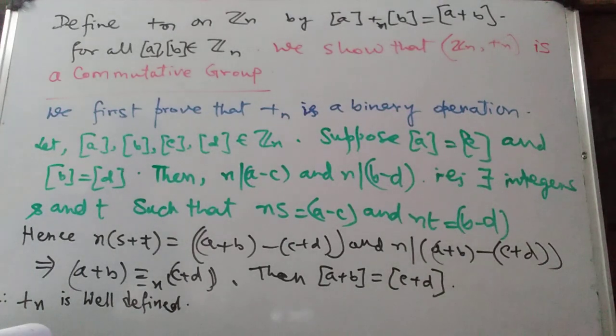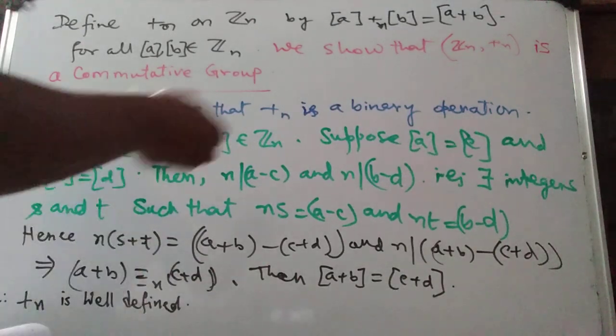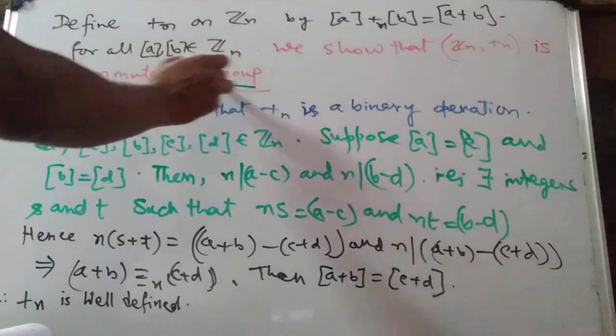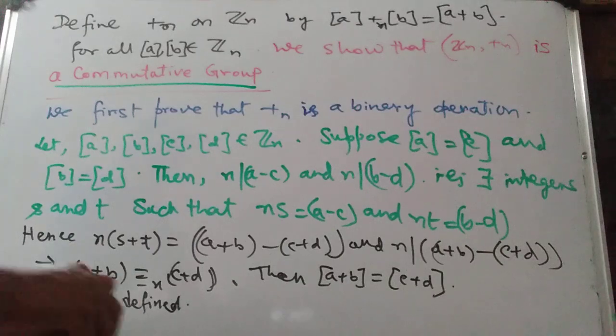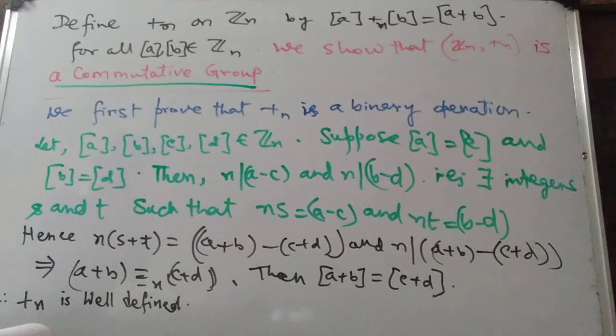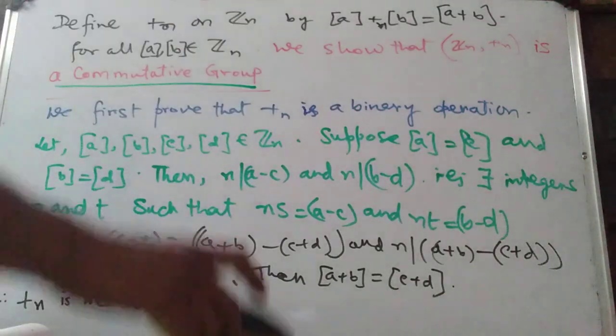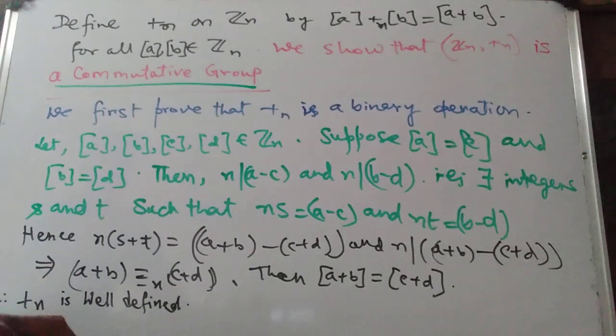Now we define the associative property, because we have to show that Zn with plus n is a commutative group. Understood? We have to show that. So first we discussed that plus with respect to modulo n is well defined.